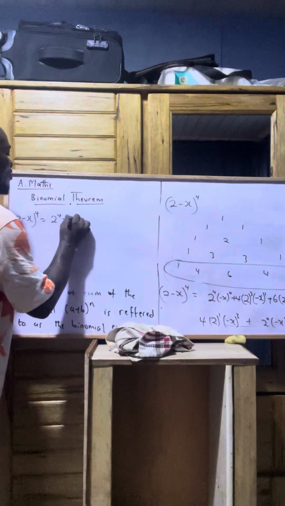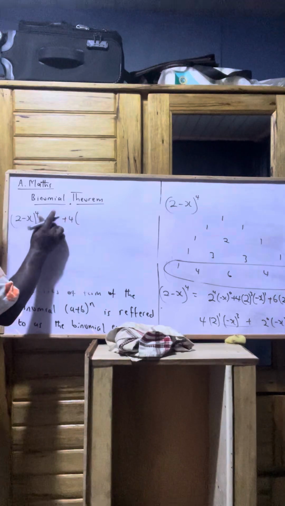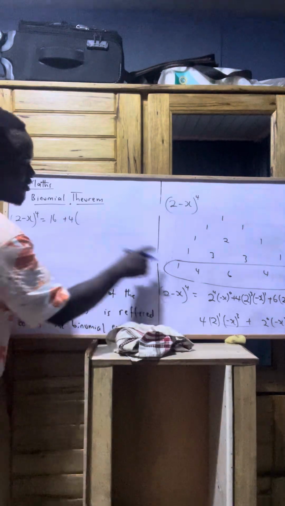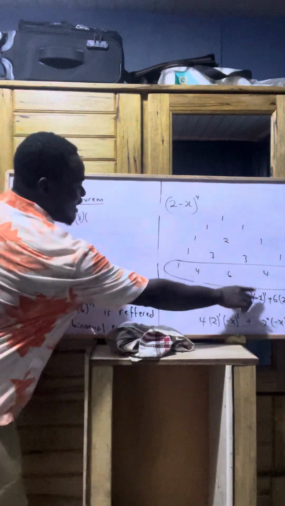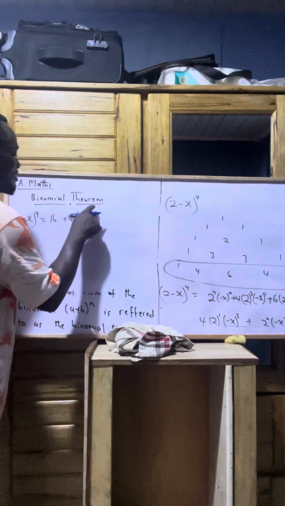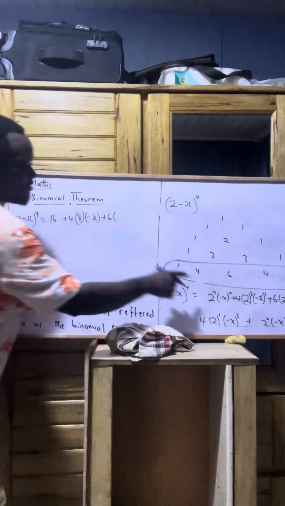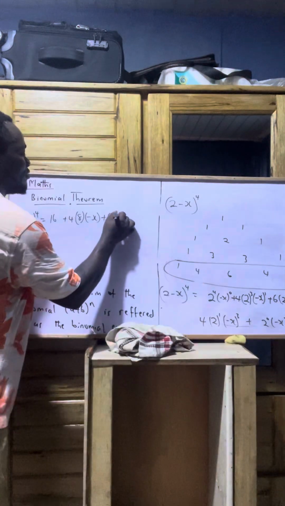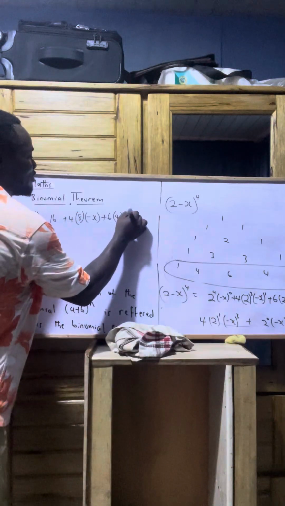Plus 4 times 2 power 3, which is 8, times minus x. Because the power is an odd number, it will still result in a negative. Then 6 times 2 power 2, which is 4. Now, minus x exponent 2 will be positive, so it's a positive x squared.